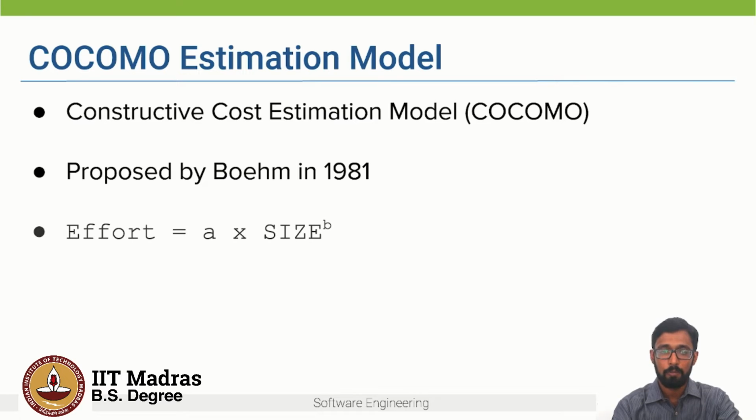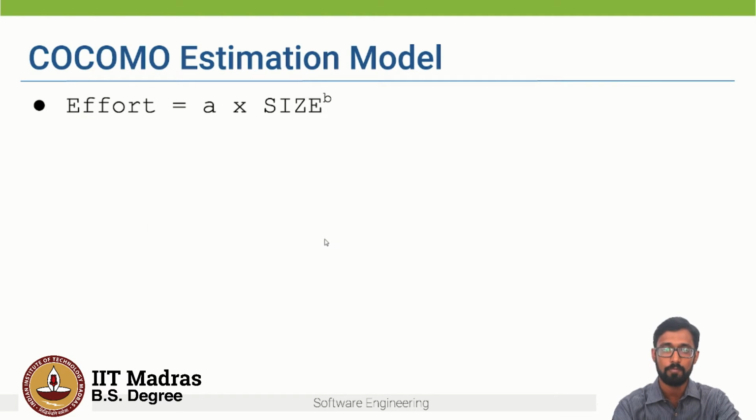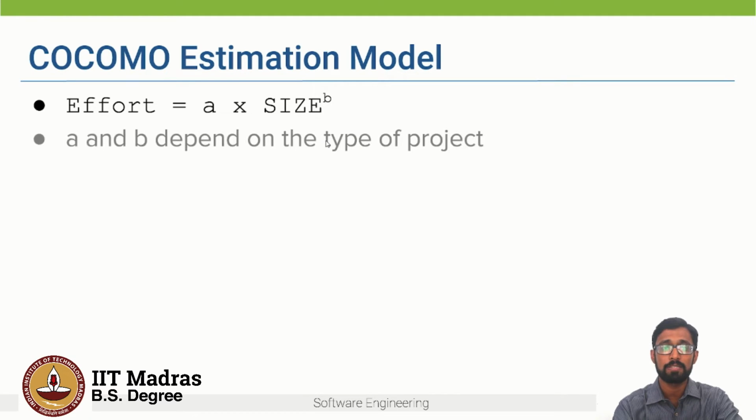And the formula which is used to estimate effort is nothing but A multiplied by size raised to B, where size is the size of the project in kilo lines of code. And what are this A and B, right? The values of A and B depend on the type of project or the type of software you're building.